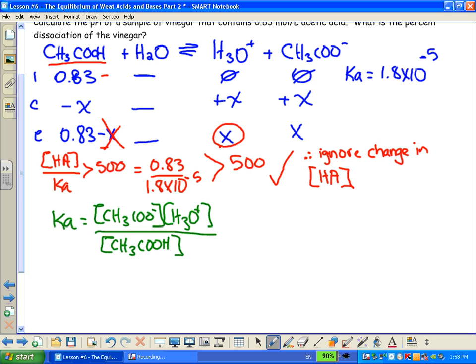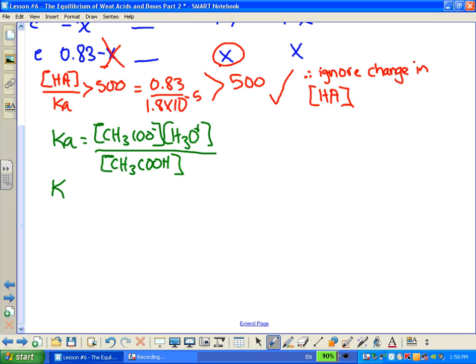So now we can substitute our values from our ICE table into there. And we can also substitute in our Ka value. Actually, I'm going to erase this. I'm going to put in my Ka value.